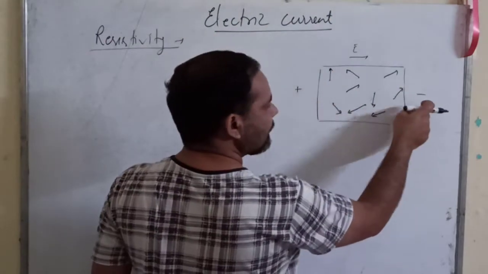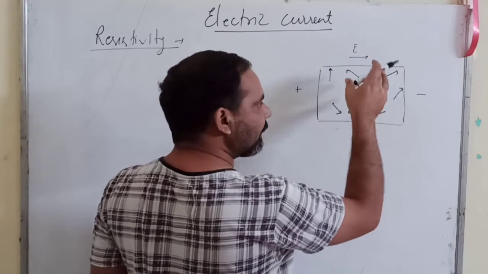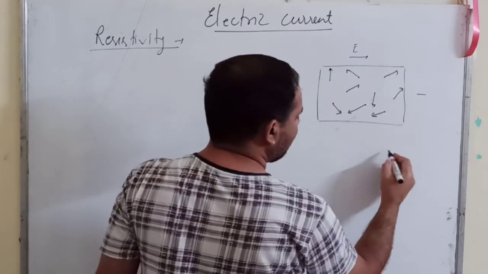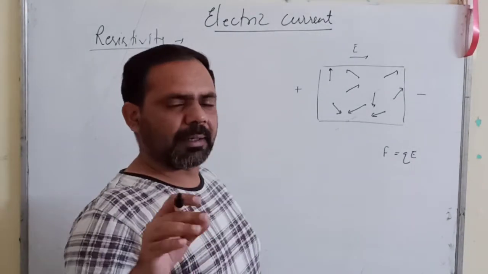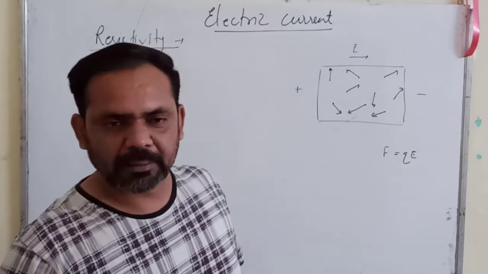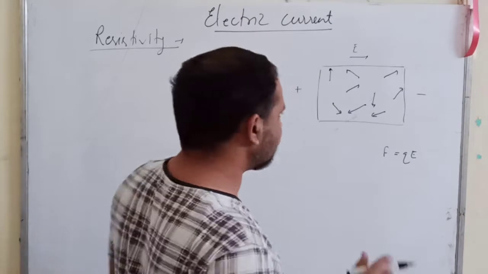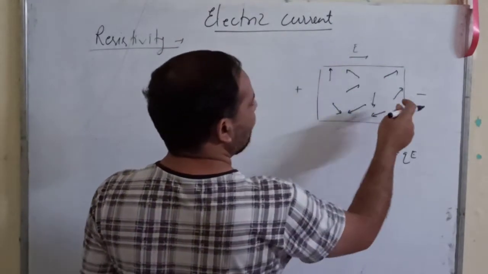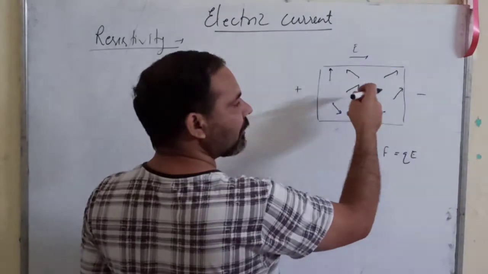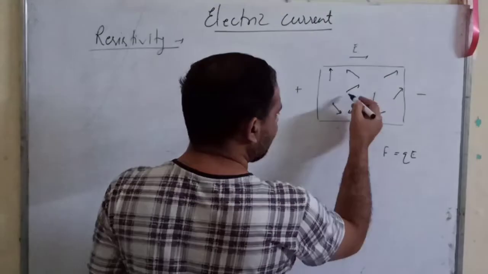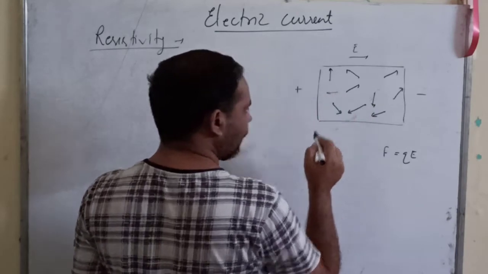When an electric field is applied, the electrons feel a force, because F equals QE. We already know that if an electric field is there, the charges will experience a force. So they start moving in a direction opposite to the electric field.